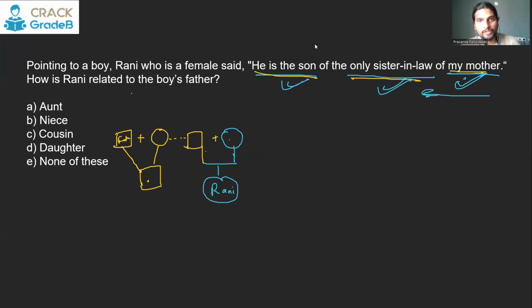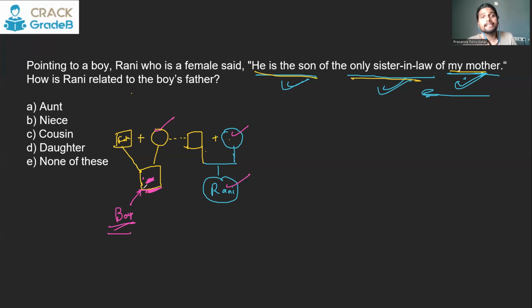So let's again revise quickly. What they said is, he is the son of the only sister-in-law of my mother. He is the boy she's pointing to. So Rani's mother's only sister-in-law's son, he is that person.